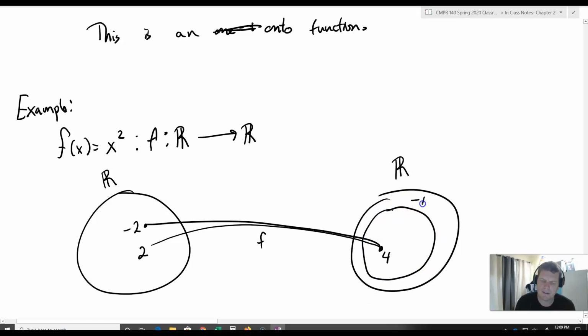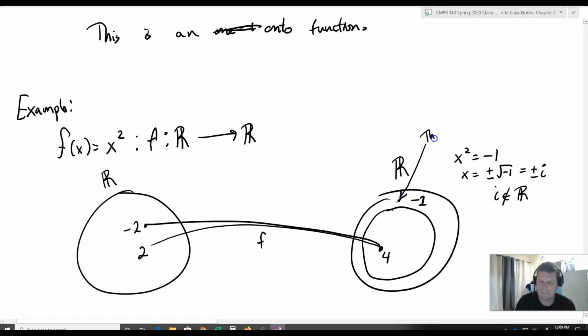Say, for example, I take negative 1. Well, x squared equals negative 1. That means that x equals plus or minus the square root of negative 1, which is equal to plus or minus i. The problem with that is that i does not belong to R. So there's nothing that negative 1 maps back to.